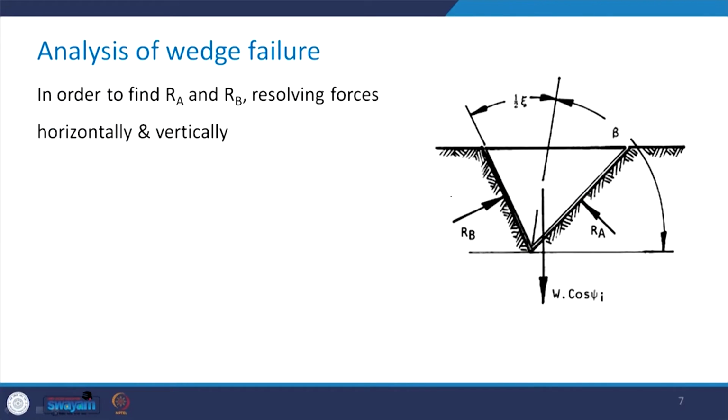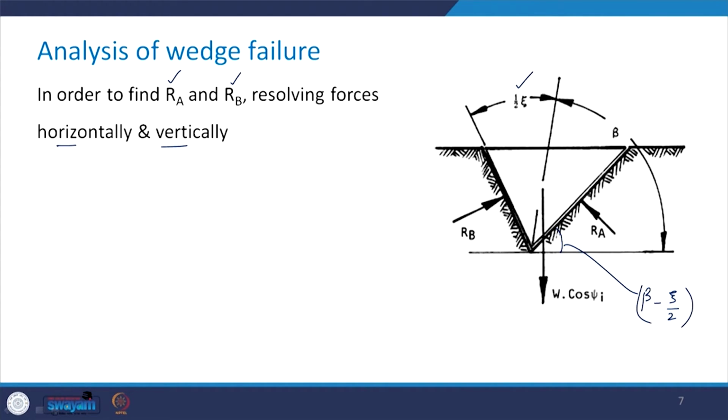Now, let us try to find out the reactions RA and RB by resolving the forces in the horizontal and the vertical direction. So, here you need to just do some trigonometrical things. See, this angle is half zeta, this total angle is beta. So, what is going to be this angle? This is going to be beta minus zeta by 2.